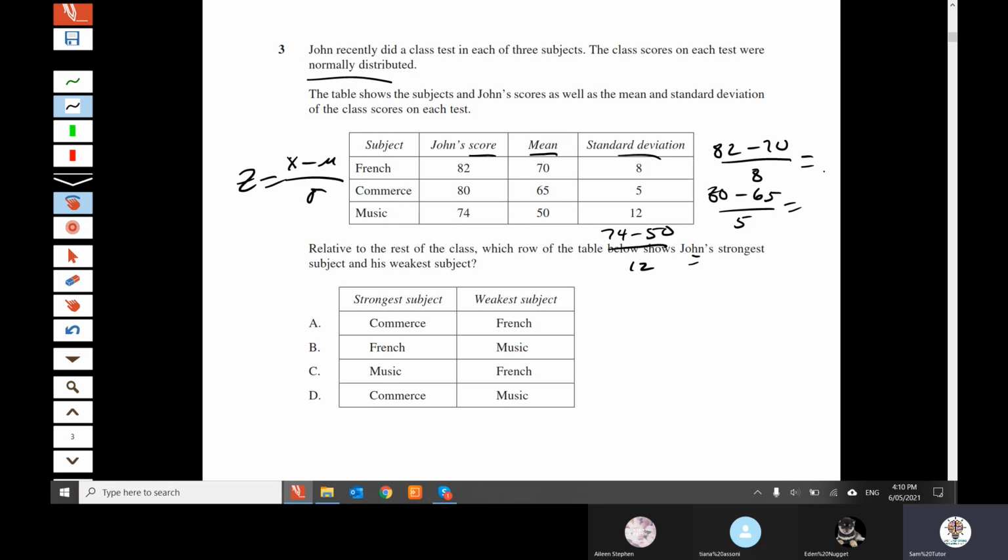What do you get? First one, you'll get 1.5.